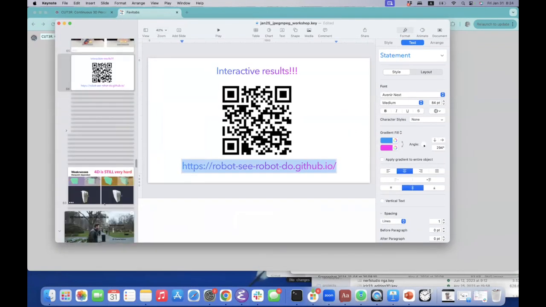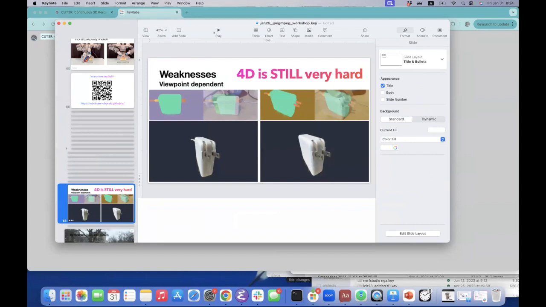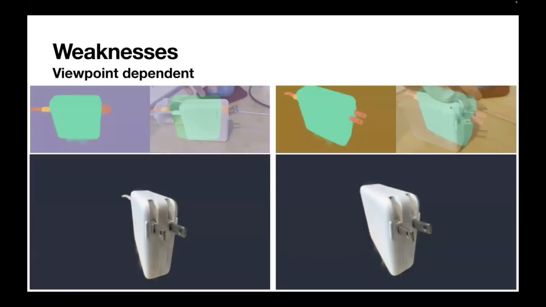Okay, so that is Lurf. And let me go here, which is that we saw some good results, but it is still very hard. The 4D is clearly not solved. I just don't want to give an impression that this is solved. We picked nice videos where the motion is very clear, but sometimes the motion isn't very clear.